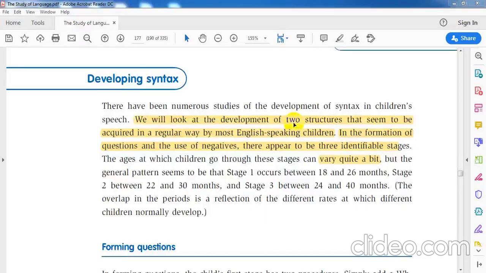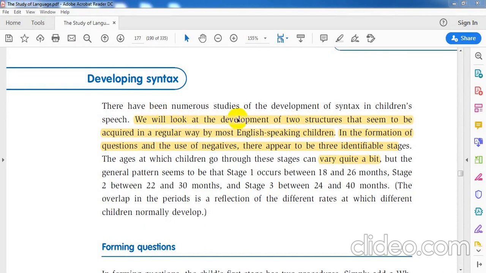In developing the syntax for a child to acquire his or her first language, we can notice two important linguistic formations. They are the formation of questions and the use of negatives. Let's see further details here.